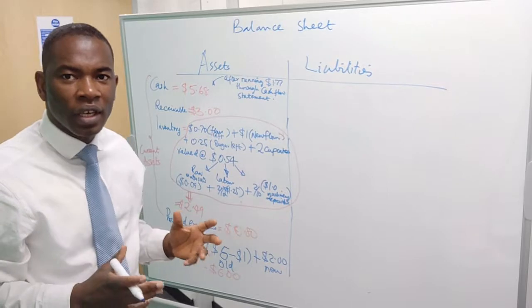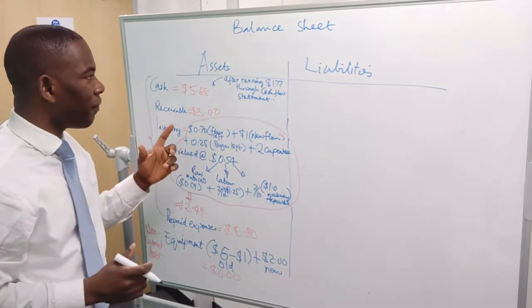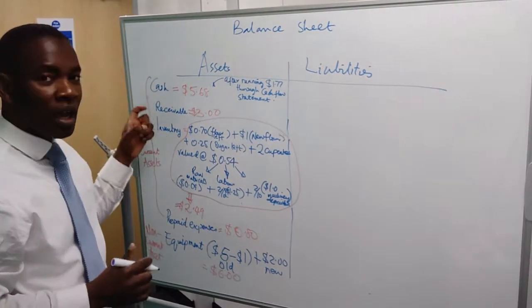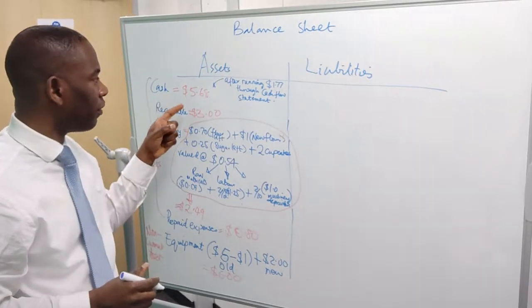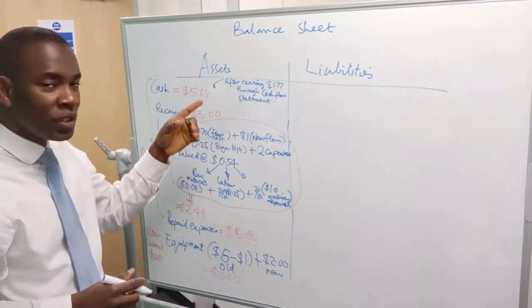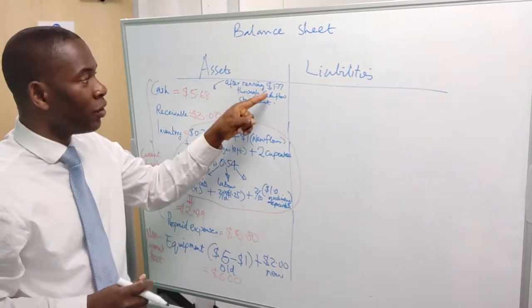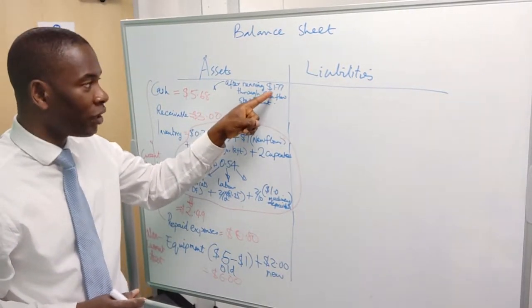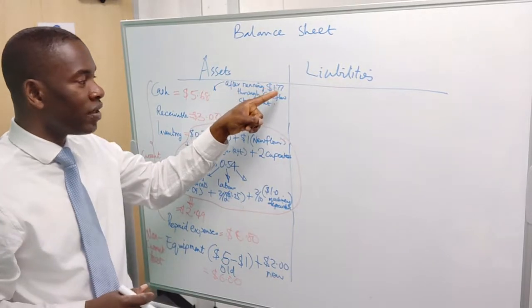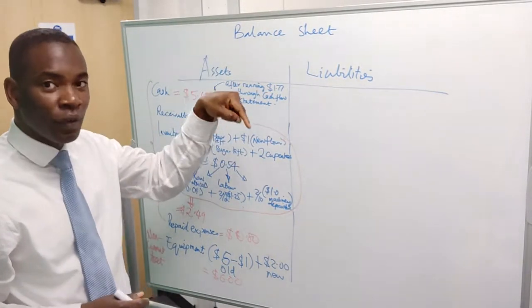So for the asset side, I've written this out. The cash we are going to have when we have adjusted the net profit. Remember, we are using an adjusted net profit of 177 through the cash flow.